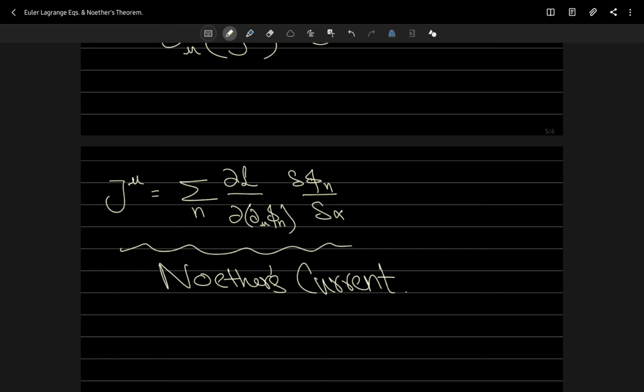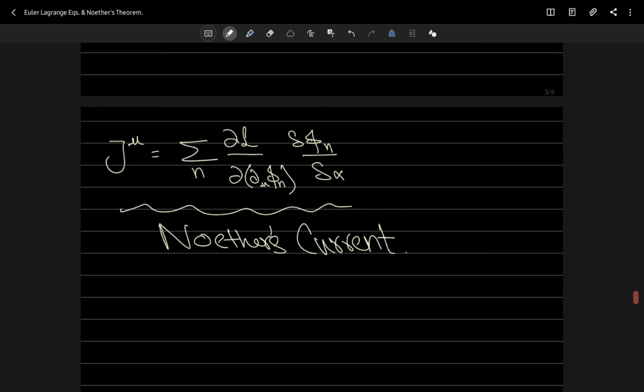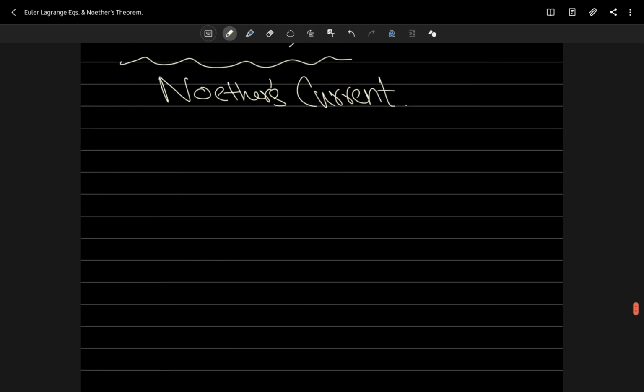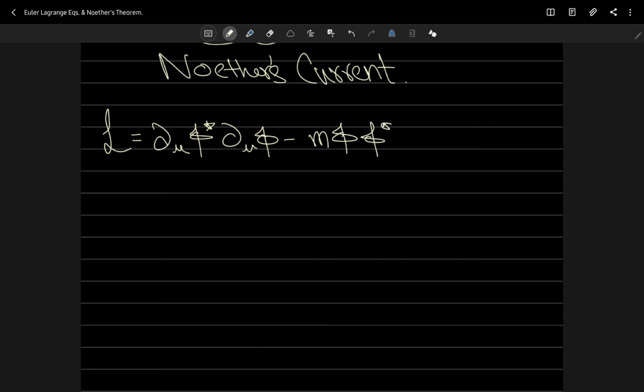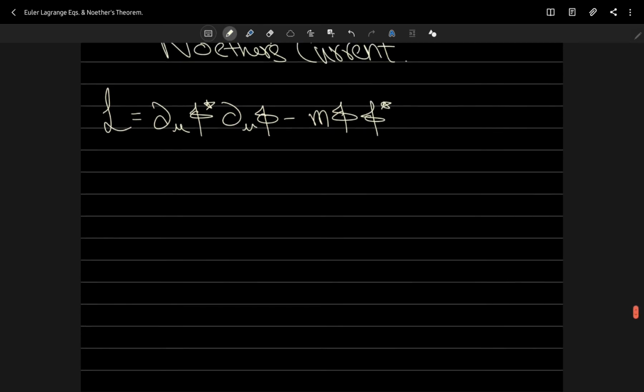But before I do that, let me quickly show you a very short example. Let's consider this Lagrangian for the complex scalar field, that is partial mu phi star partial mu phi minus m phi star phi. And we know that we can write this down as mod of partial mu phi squared minus m mod phi squared.